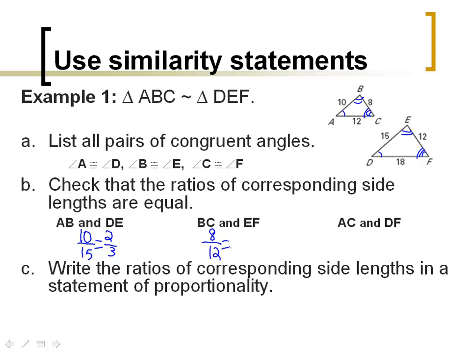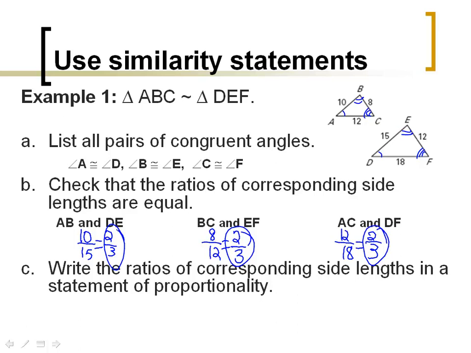Divide them both by 4. 8 divided by 4 is 2. 12 divided by 4 is 3. The distance from A to C is 12. The distance from D to F is 18. If we divide those both by 6, you get 2/3. So notice we got 2/3 for all three of the ratios when we simplified. So since the ratios were the same, we know they are indeed similar triangles.